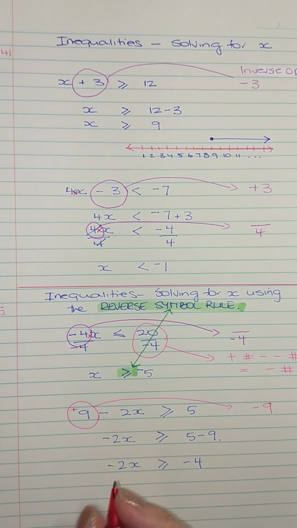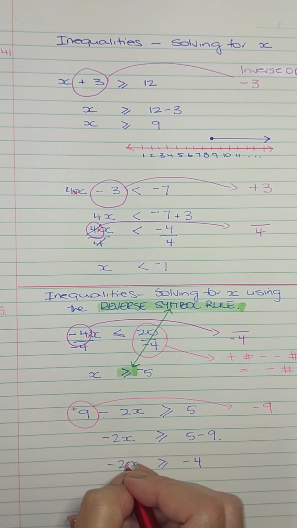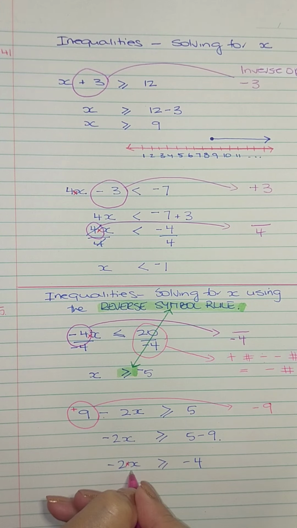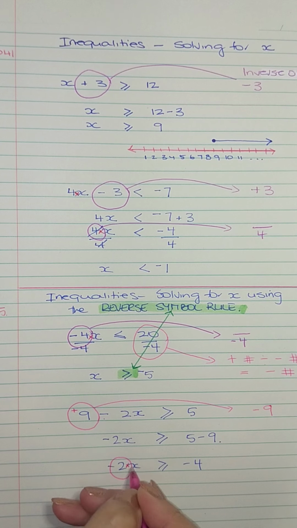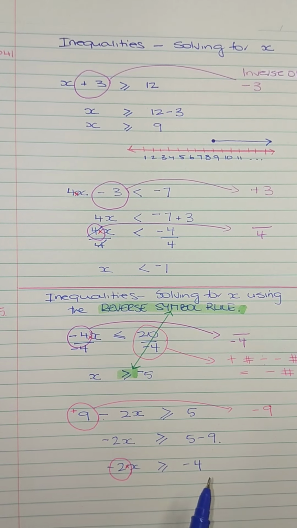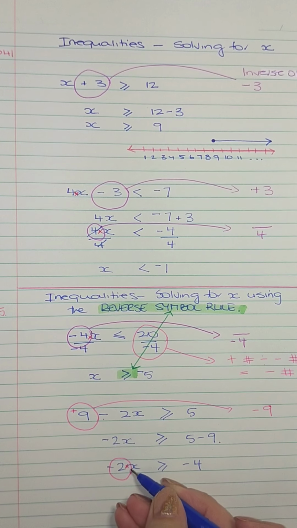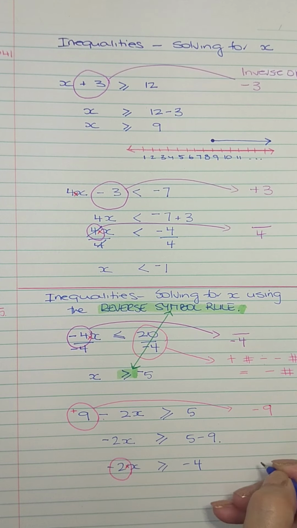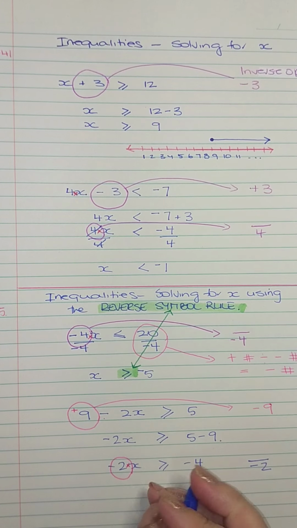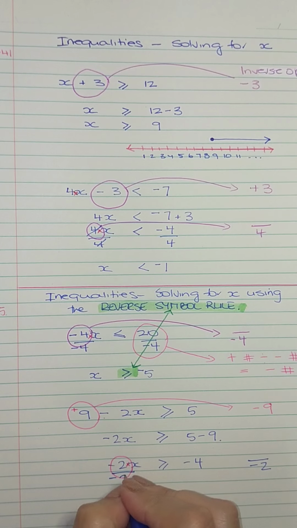By now, you probably don't need to be reminded that there's a times in here. If you want to write that in, you certainly can. We're going to find the inverse operation of times negative 2, which is going to be divide by negative 2. So let's just divide both sides by negative 2.